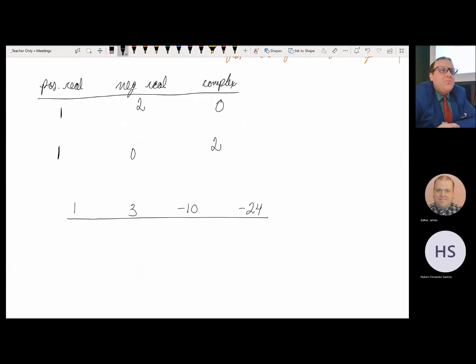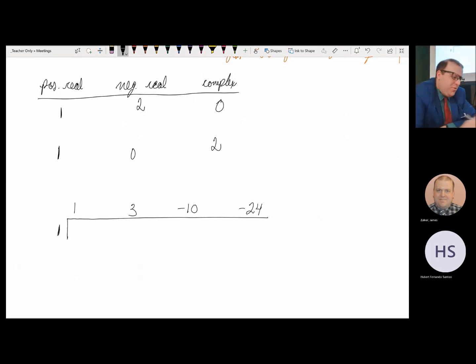And just so I don't have to write out the synthetic chart all the time, I'm going to do it all in one chart. I'm just going to write 1 here to represent that I'm now checking x minus 1 as a factor.